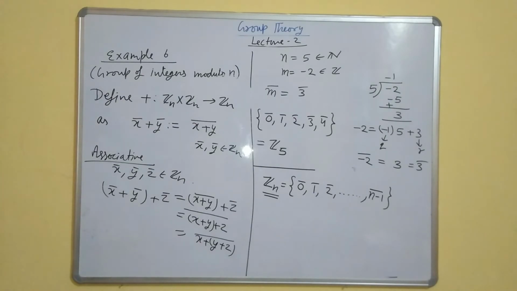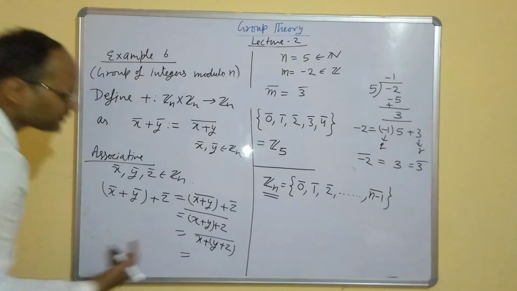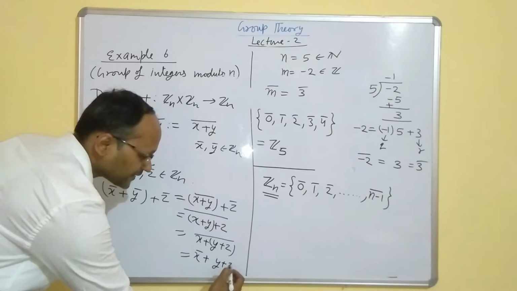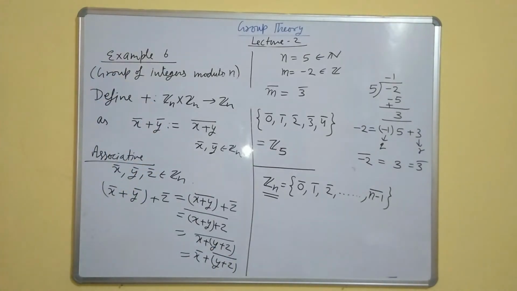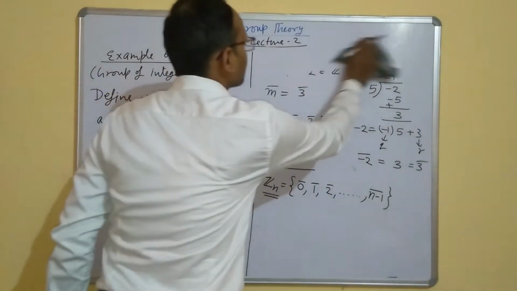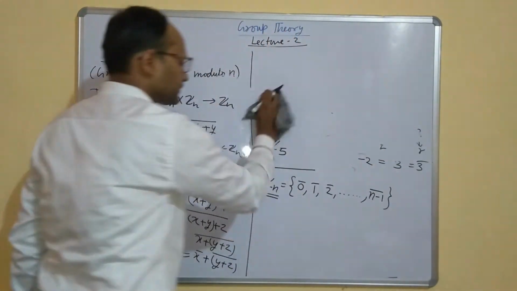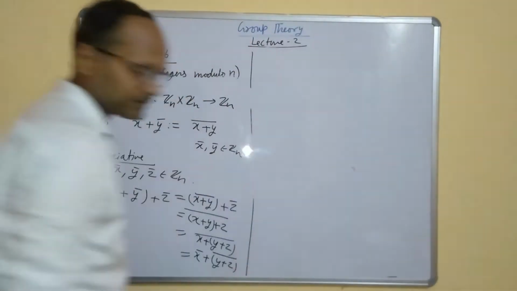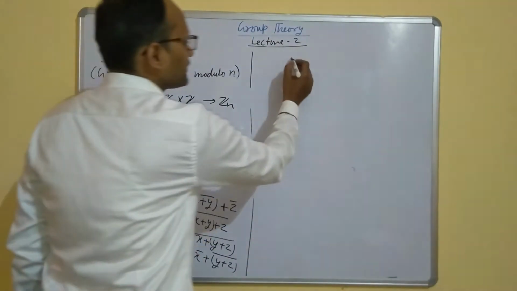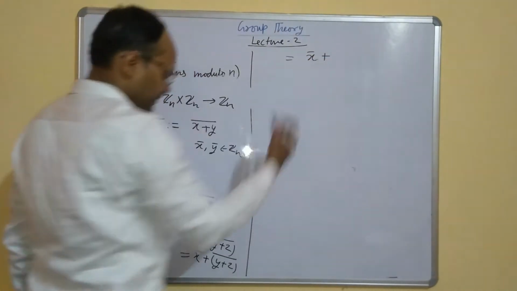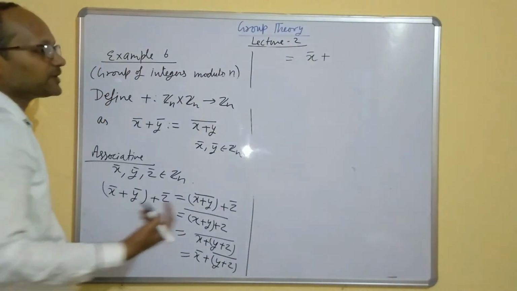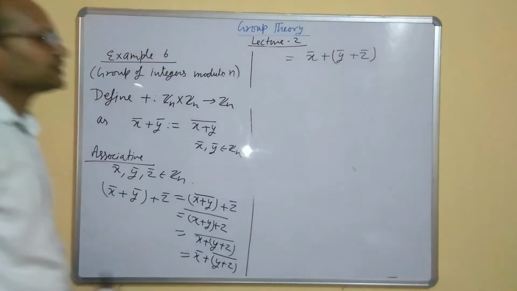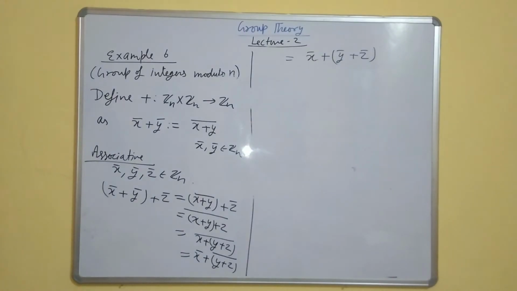By the definition of bar or modulo, we can write it as x bar plus y plus z whole bar, and this can again be written as x bar plus y bar plus z bar. So this operation is associative.